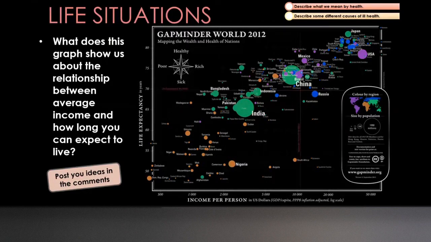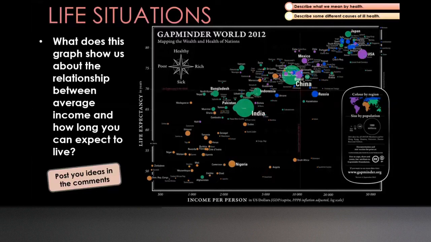Ronnie has correctly pointed out that the higher the income, the higher the life expectancy. But he's also pointed out that the more money people have, generally speaking, the better the healthcare service will be in their country. So the UK, we are very rich compared to the rest of the world. We have a very good healthcare service. The NHS is excellent. And so our life expectancy is great because we are able to put a lot of money into healthcare.